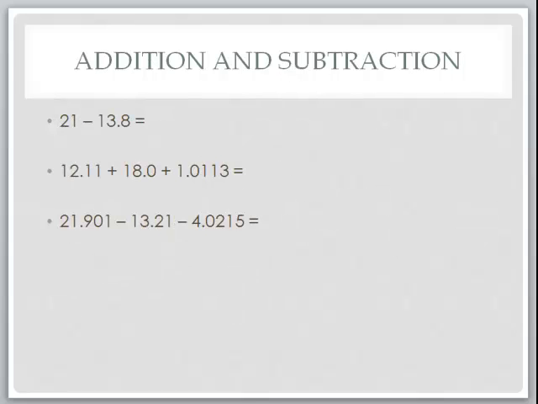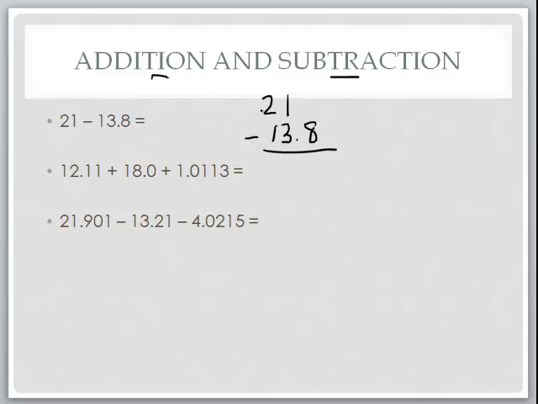Alright, the next thing we're going to look at is addition and subtraction. So just as multiplication and division followed the same rule, addition and subtraction follow the same rules. And this one's a little bit trickier, but not much. When you do addition and subtraction, you are not following the same rule. What you're doing is you're looking at placement.